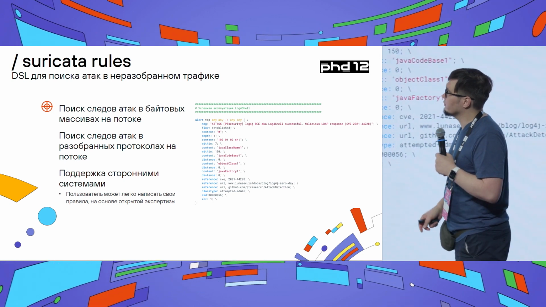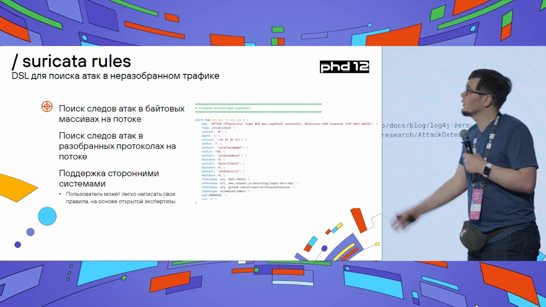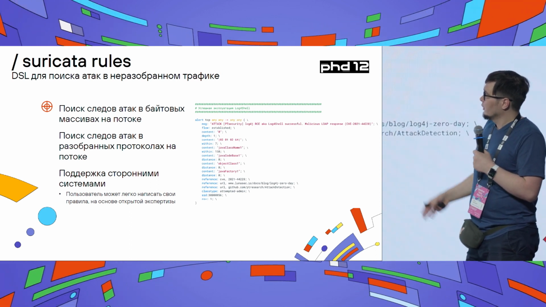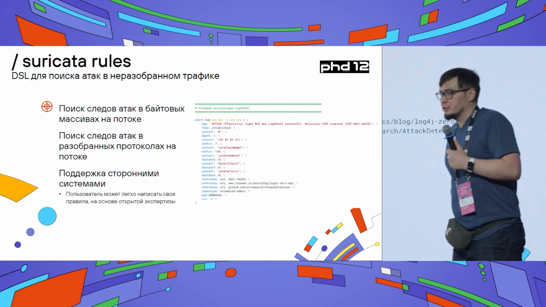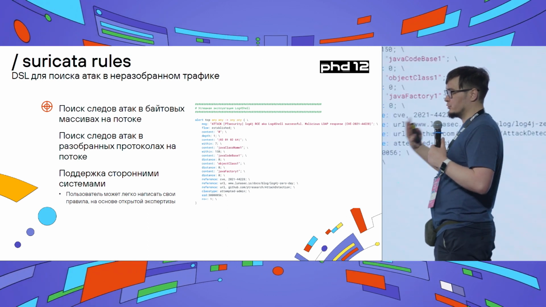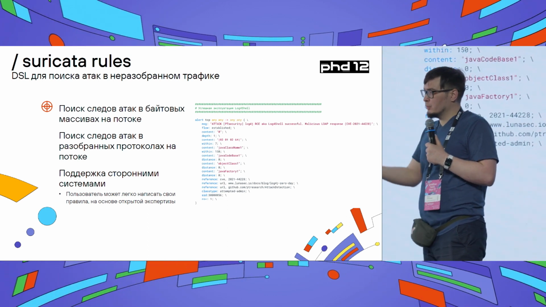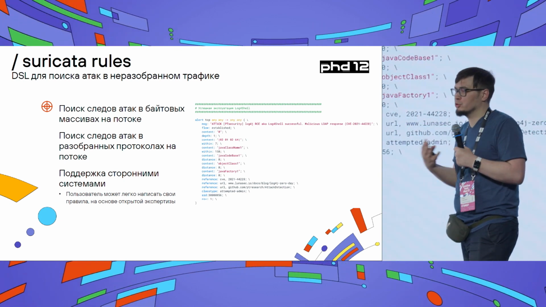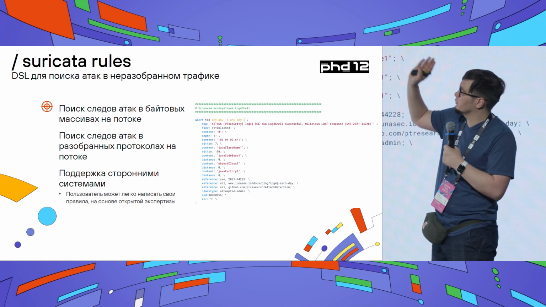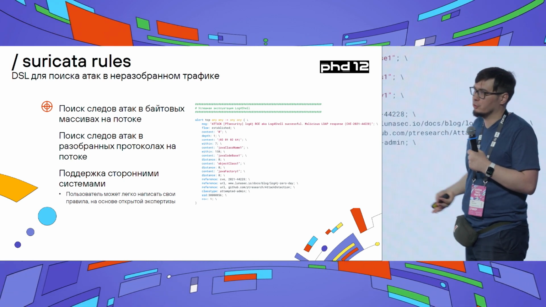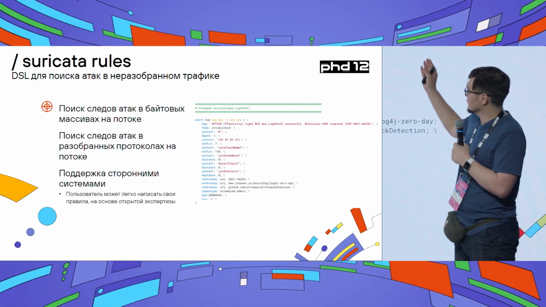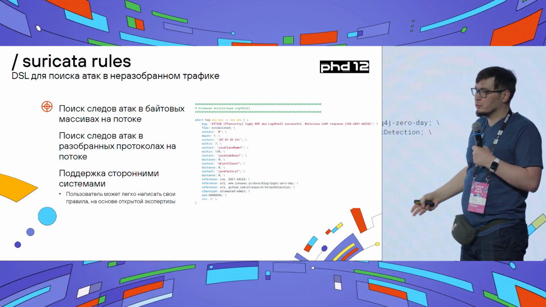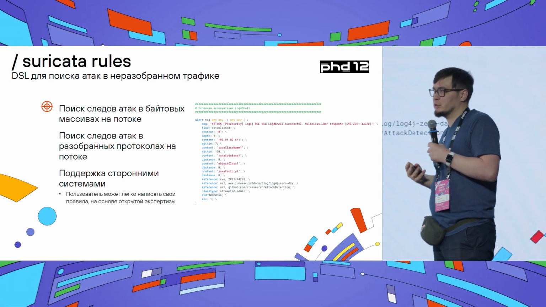And finally, the last DSL I want to talk about, this is quite widespread, and this is the Suricata rules language. It's used in almost every network sensor. It's very widely used internationally. This is the language in which there's data exchange on attacks. So whenever there's a new attack identified, the rules will be written with very high probability in this language. The language is very straightforward.